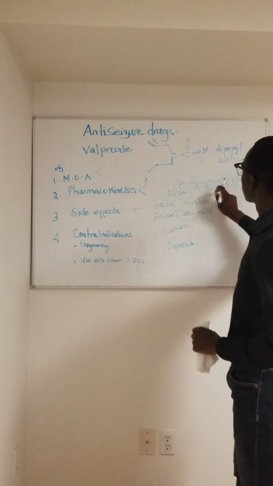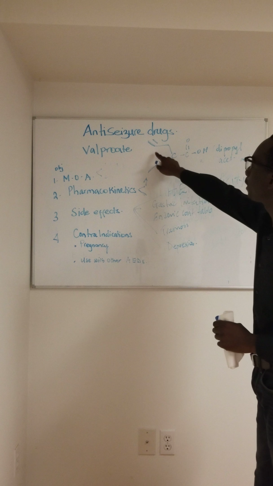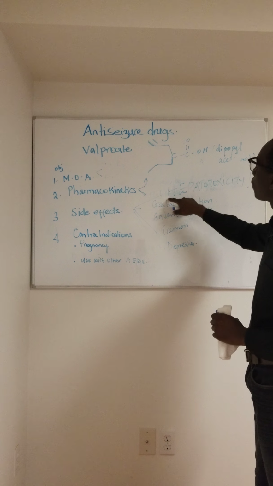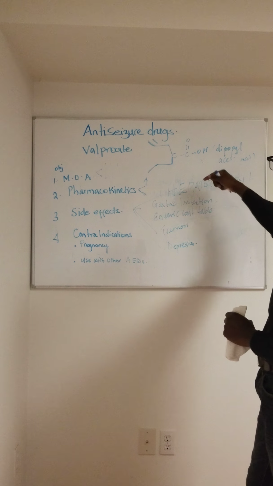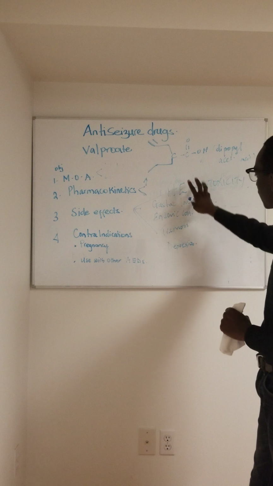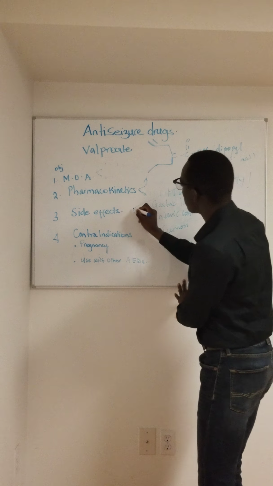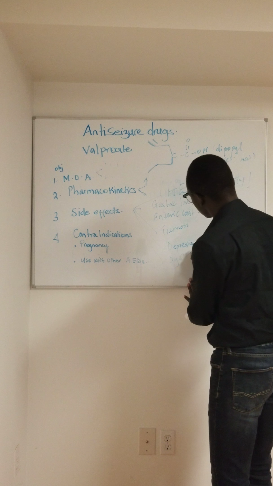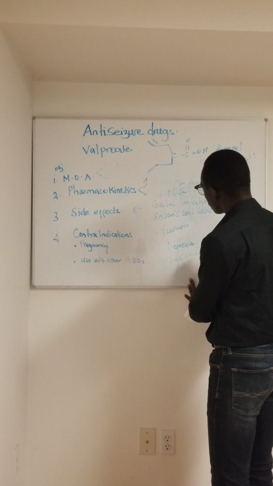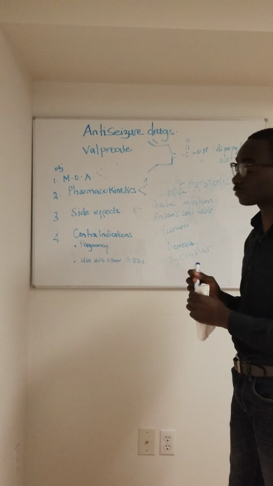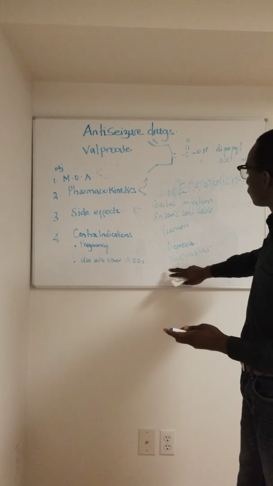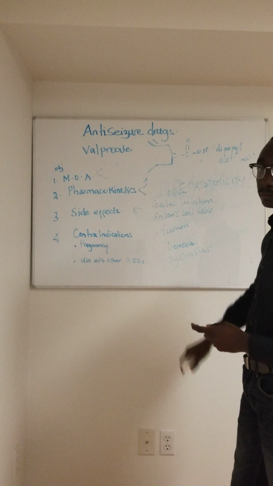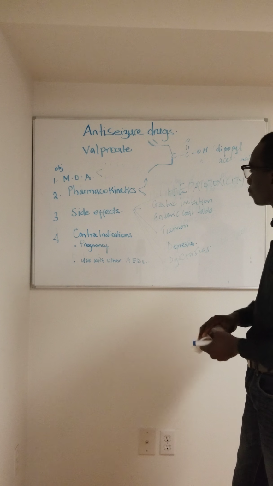This hepatotoxicity is said to be caused by the metabolite 4-ene valproic acid, which causes most of the hepatotoxicity seen with this drug. Basically, these are a few, and also we have blood dyscrasias. We have very many blood dyscrasias with this drug, so it's very important to do liver tests and also to check the blood for any toxicities with this type of drug.